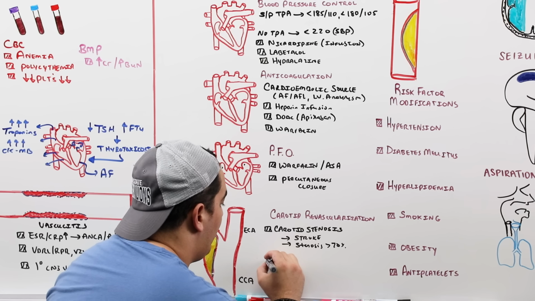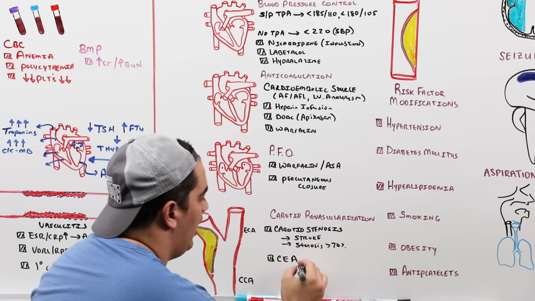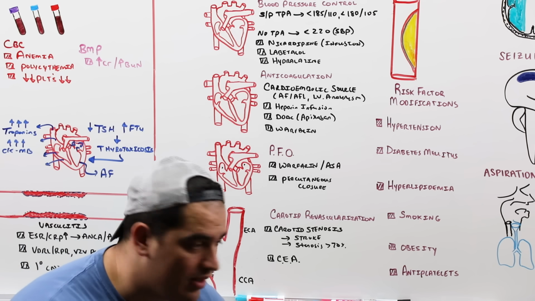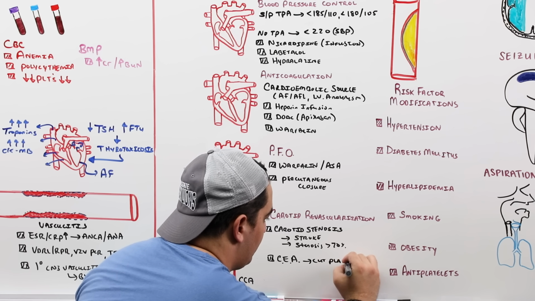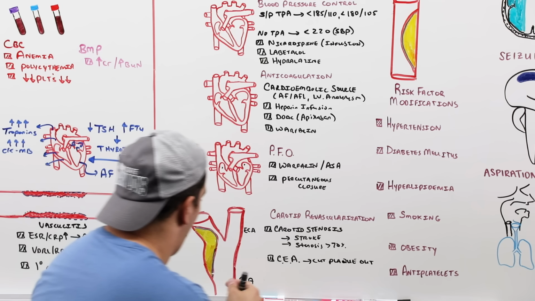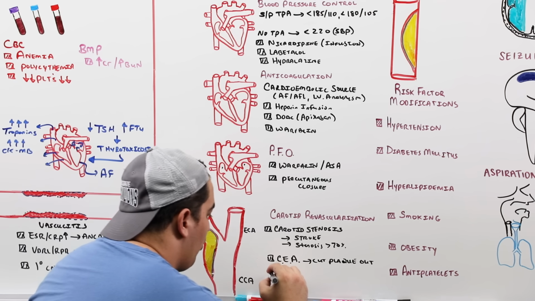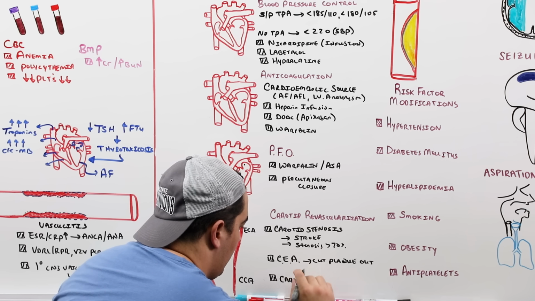And the two primary interventions to be thinking about here: if someone gets what's called a CEA, I'm not going to spell this out, it's just too long of a name, carotid endarterectomy. What does that mean? You basically cut the plaque out. And that's all you're really doing. You're just going in there and cutting that plaque off of the vessel wall. The other one is what's called a carotid artery stent.